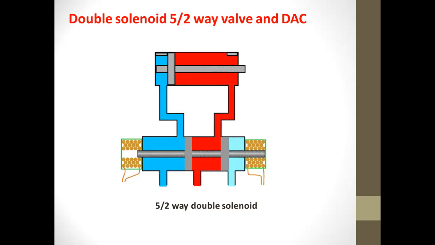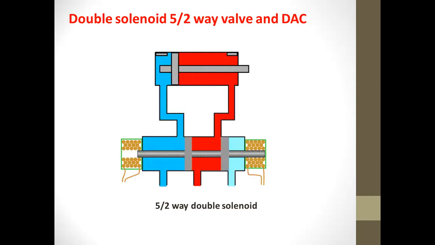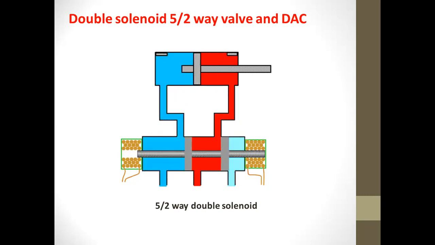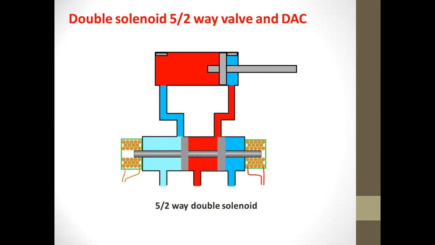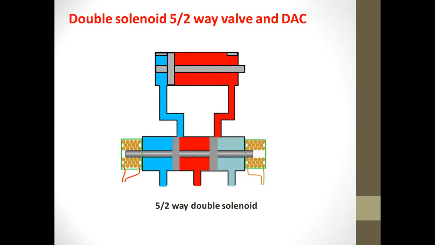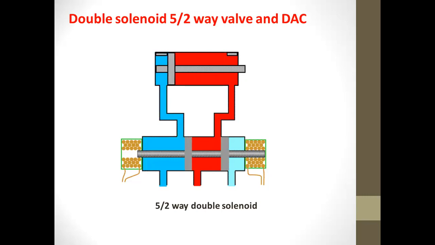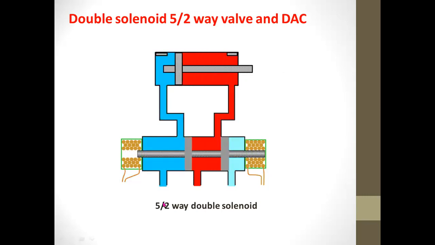Depending on what you want for the cylinder when, for example, there is a sudden cut off in the power source, you will be deciding which of the 5-2-way valves you will need.